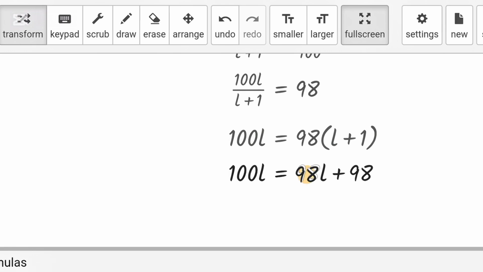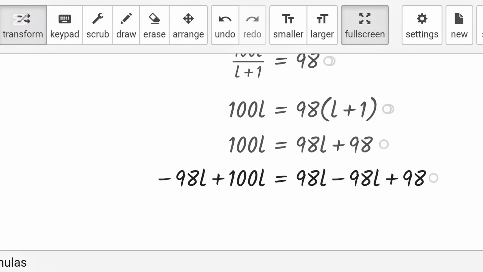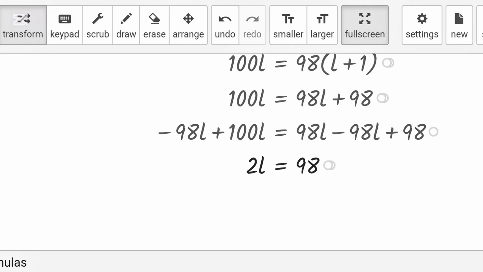Collecting like terms, 98 goes to the other side: 100L minus 98L gives 2L, and 98 minus 98 gives 0. Dividing both sides by 2, the number of left-handed persons remaining is 49. So from 99 we had 49.